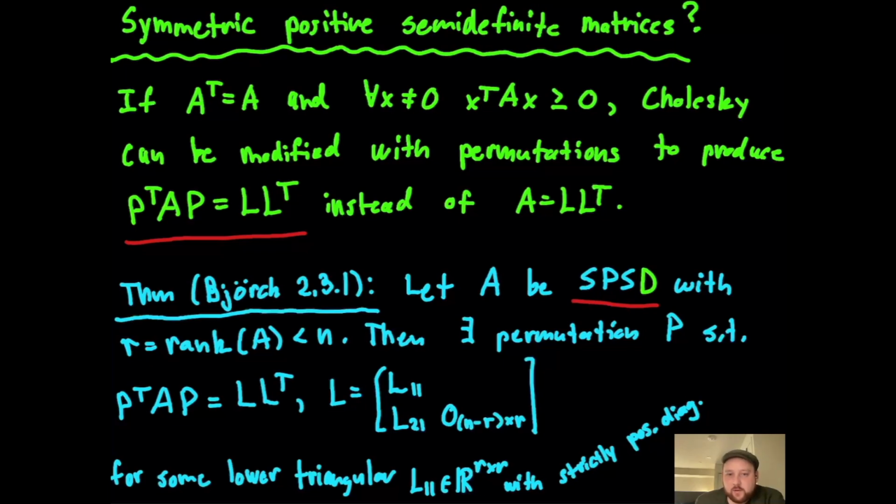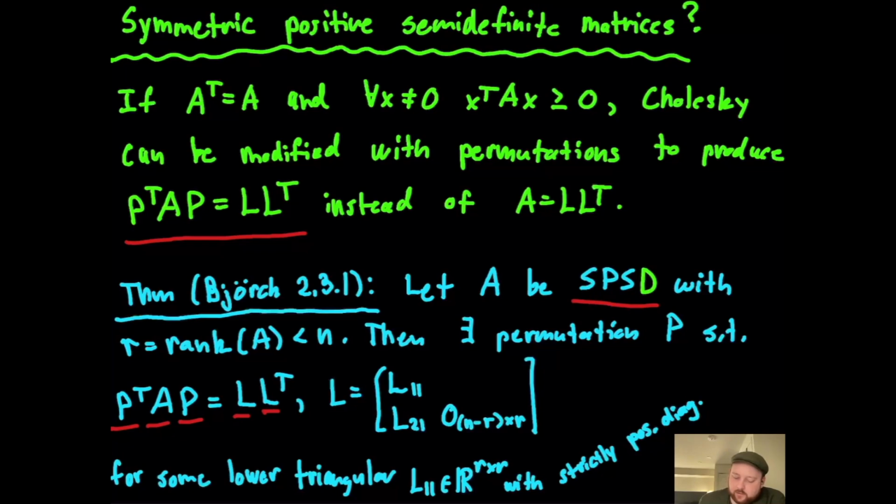The number of 0 eigenvalues would be equal to n minus R in this case. So what this theorem says is that there has to exist some permutation matrix P, an orthogonal permutation matrix, such that I can express P transpose AP as being equal to some lower triangular Cholesky factors like we've had before.